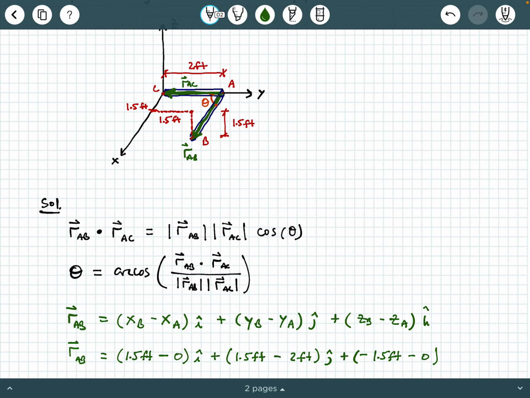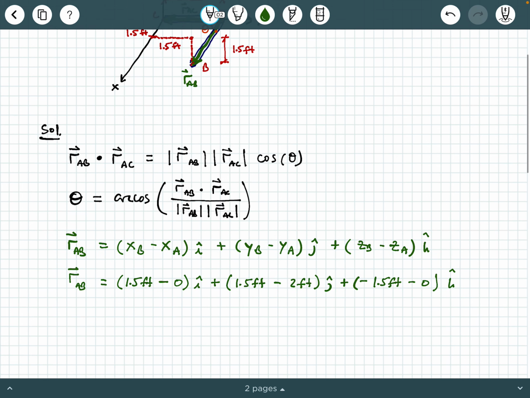And so that'll be times a K. And so we can write this as R_AB equals 1.5 I minus 0.5 J minus 1.5 K, and we can bundle that up with units of feet here.